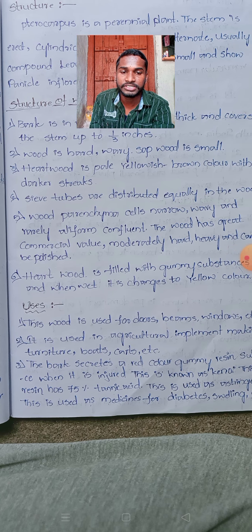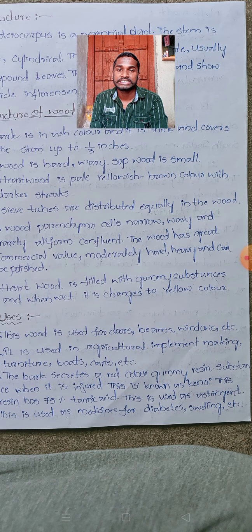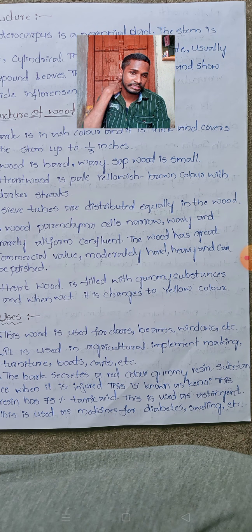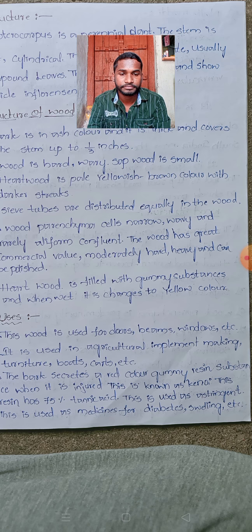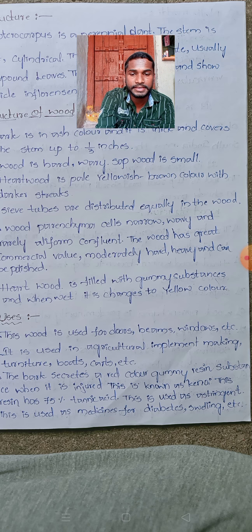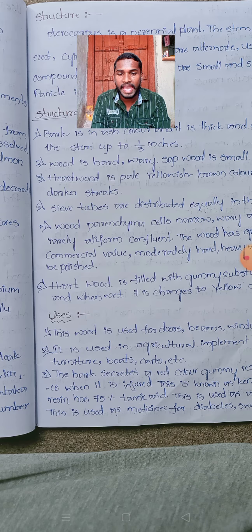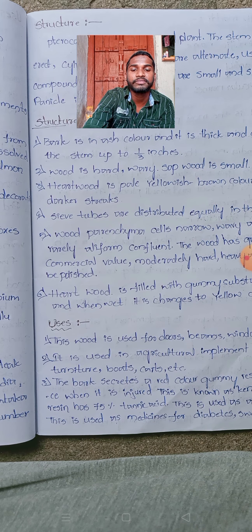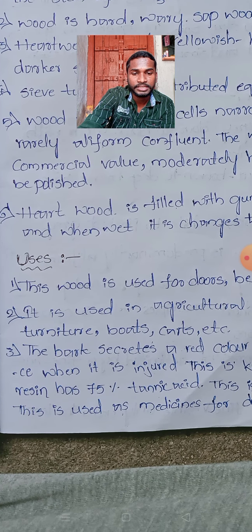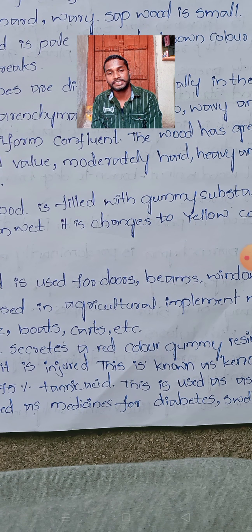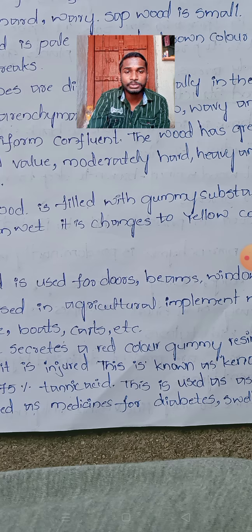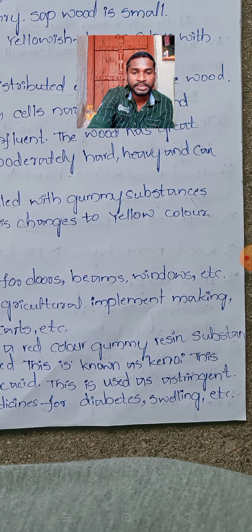This is known as Kino. This resin has 75% tannic acid.